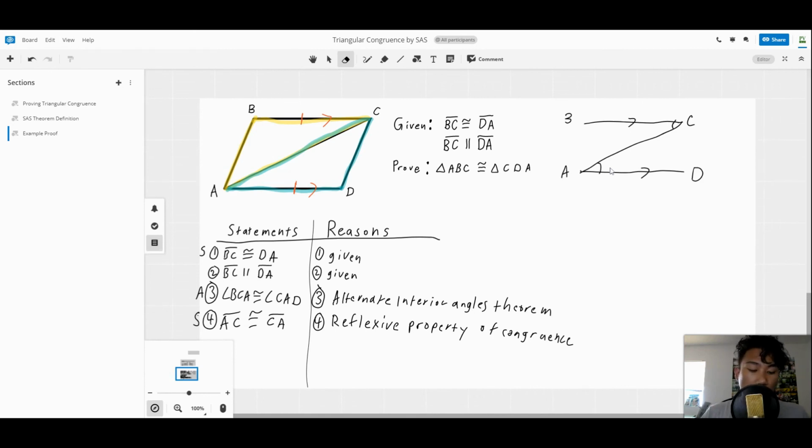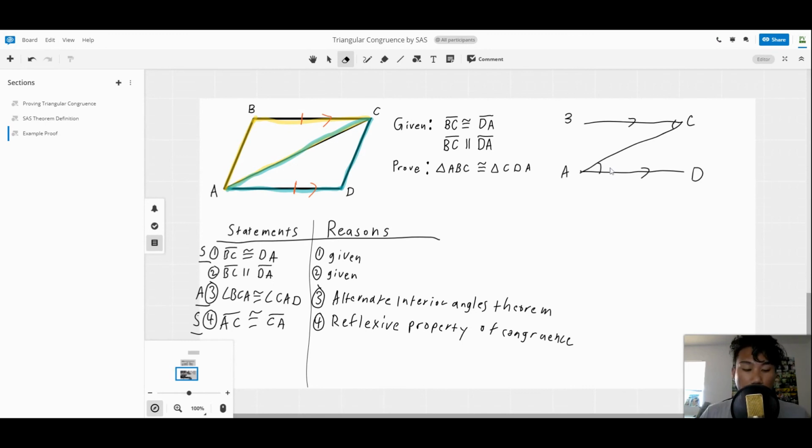So what do we have? We have one pair of congruent sides, which is our given statement, a pair of congruent angles, which we found using the alternate interior angles theorem, and a final pair of congruent sides, which was found using the reflexive property of congruence.